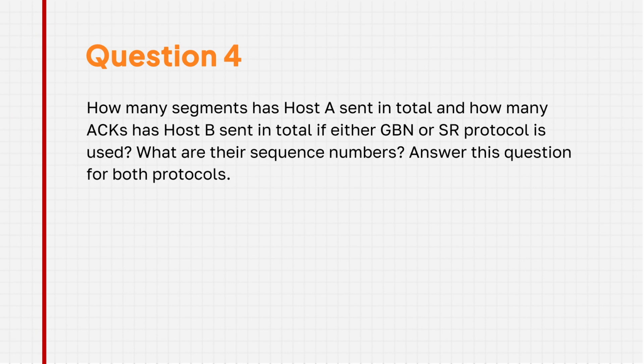So how many segments has A sent in total? How many ACKs has B sent in total if GBN or SR protocol is used? Anyone? For A it is 9, because at the start you try to send the first 5. After the second one is lost, it retransmits everything from 2 onwards.